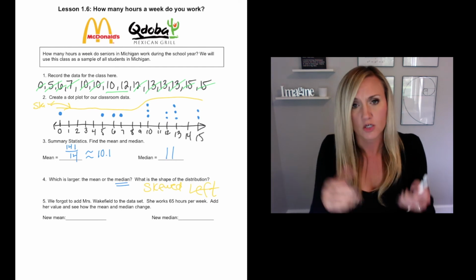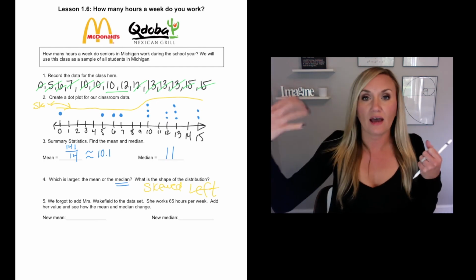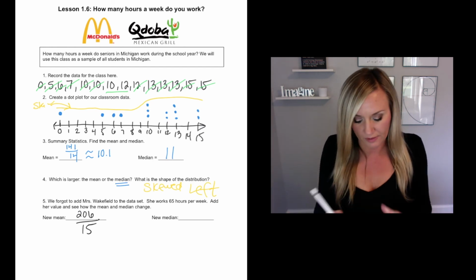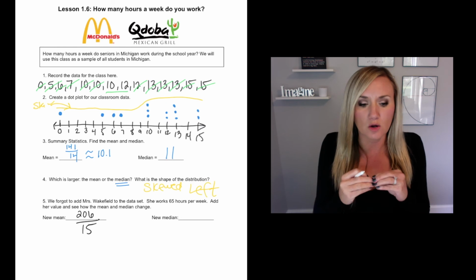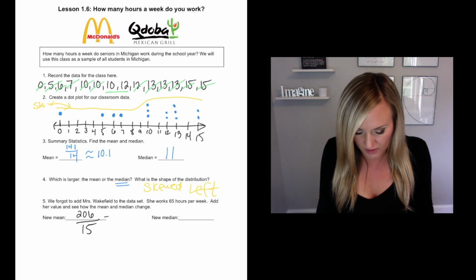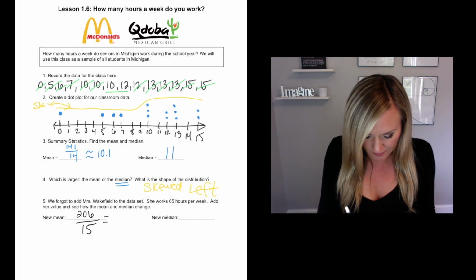All right. So when you have that outlier, because obviously 65 is an outlier, the mean goes up a lot.